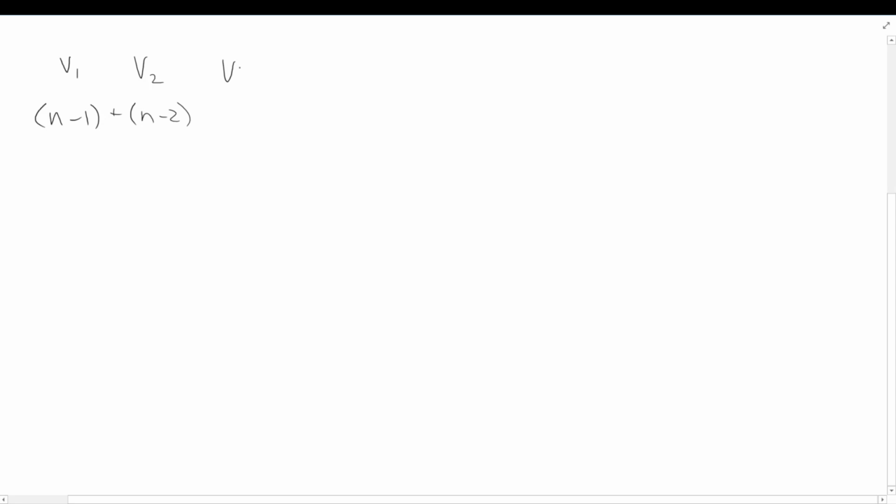If we keep going, v3 then can be connected to n minus 3, and we can see the pattern here, hopefully. The last node, vn minus 1, can be connected to one other, vn, and then vn, we've already counted all the connections it can have, so it gets added up to 0.